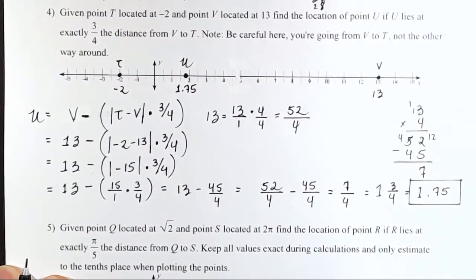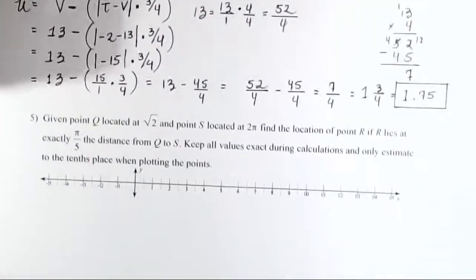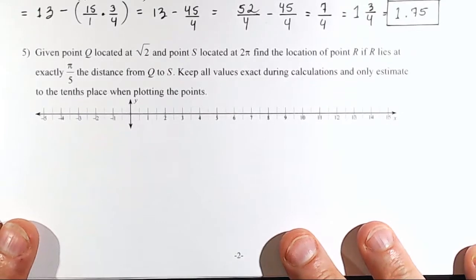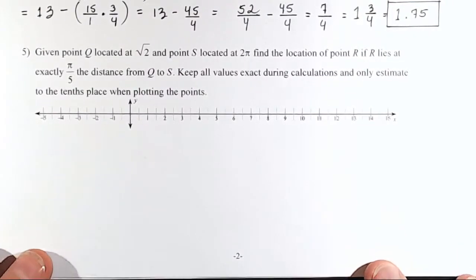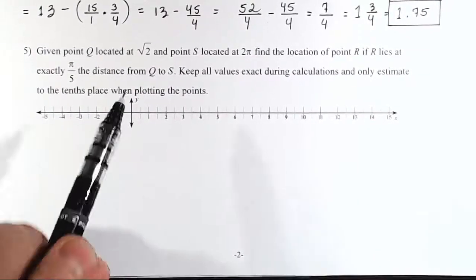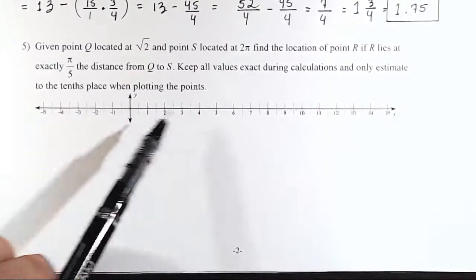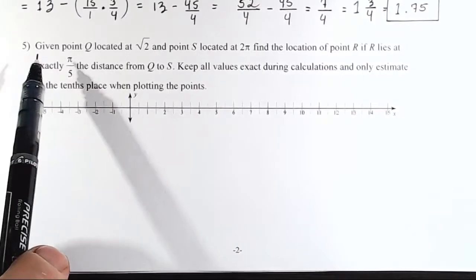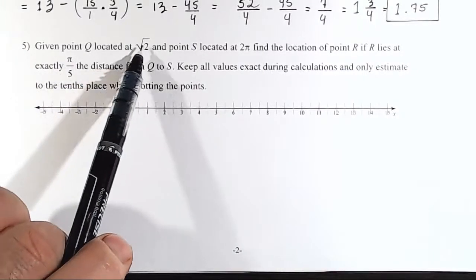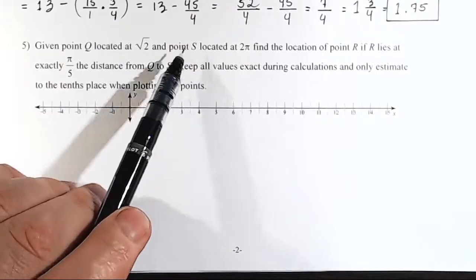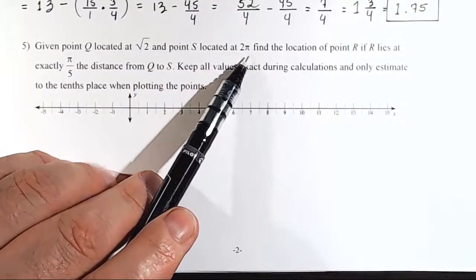All right, so that's the second to the last one, and now the last one. I shouldn't have waited till I was exhausted to do this, because now we have all this hard stuff. So this is more of a brain teaser one. I want you to solve this. Given point Q is located at square root 2, which we can estimate, and point S is located at 2 pi.